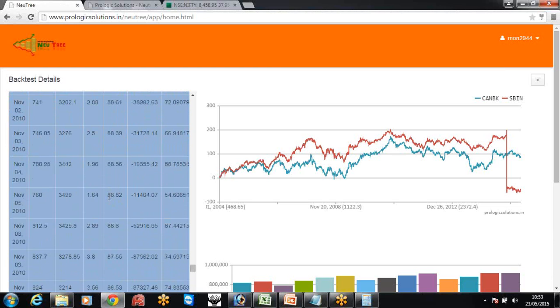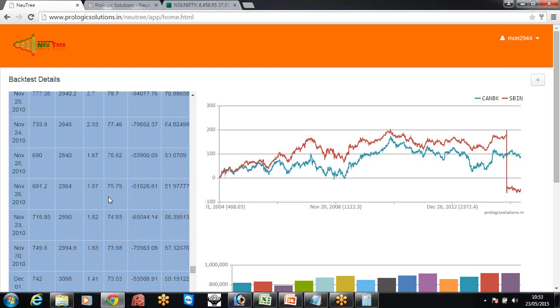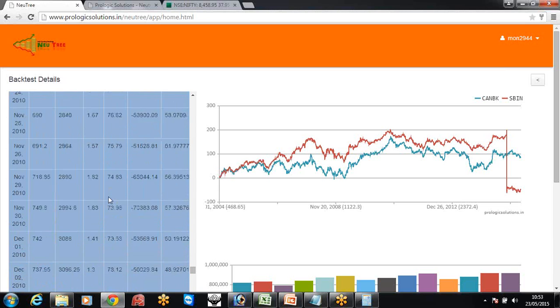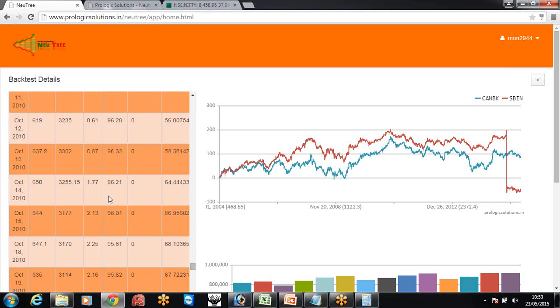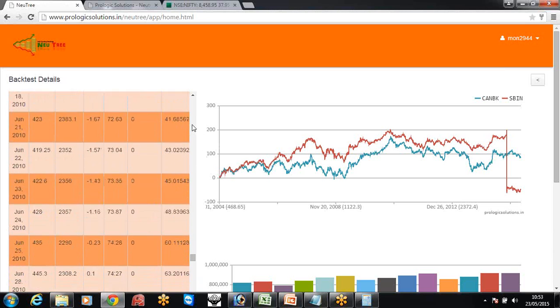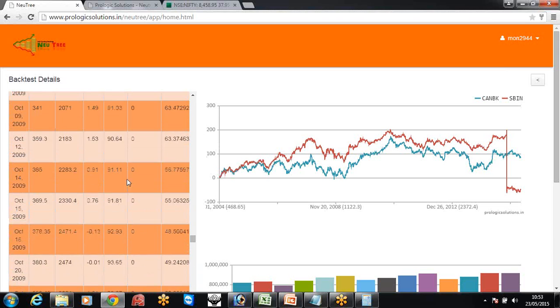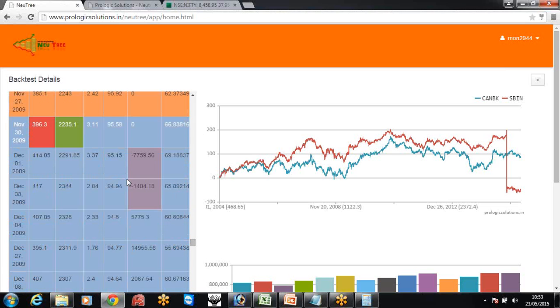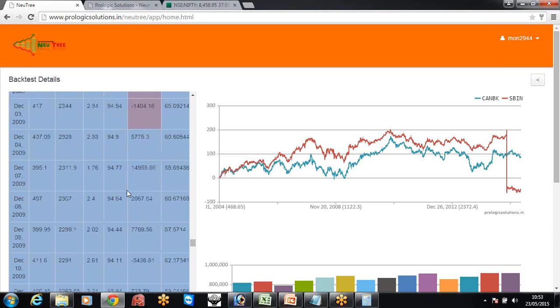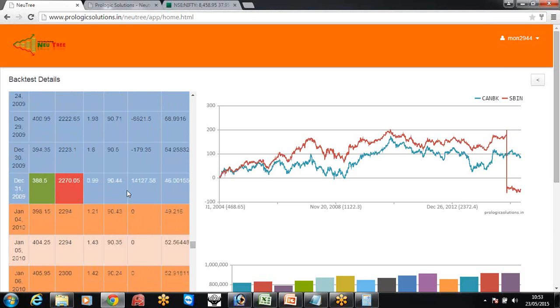This is a loss trade again. This ended at around 14,000 rupees profit again.